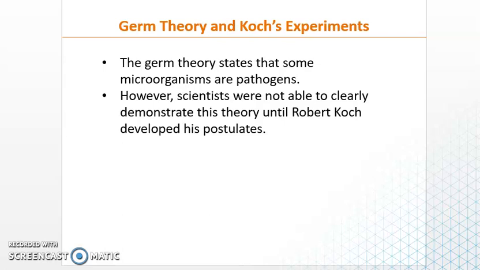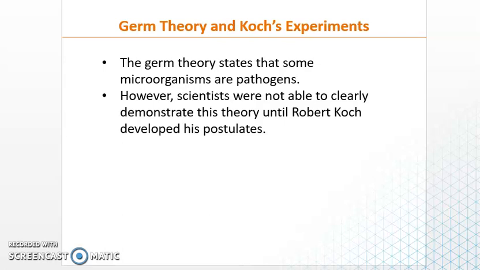They said, surely there is something which moves from one person to another and causes the healthy person to get sick. What is this? They couldn't see it. They couldn't recognize it, but they thought it was a microorganism.